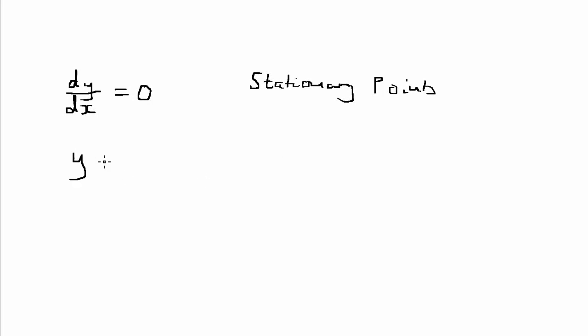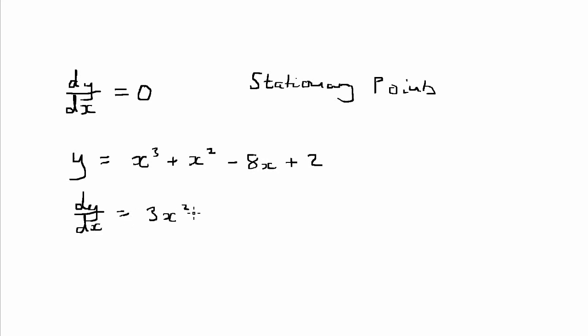Suppose we have the curve y equals x cubed plus x squared, subtract 8x plus 2. And we are interested in where the stationary points on that curve are. Well, the first thing we will have to do is differentiate the curve to find dy/dx. That is 3x squared plus 2x subtract 8.